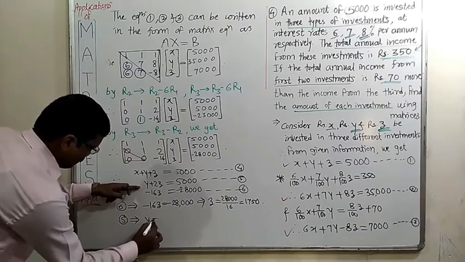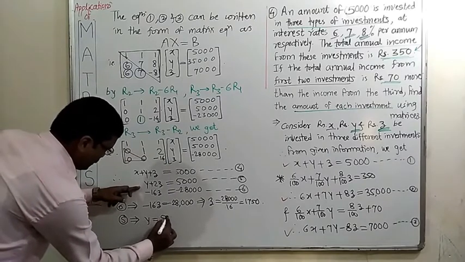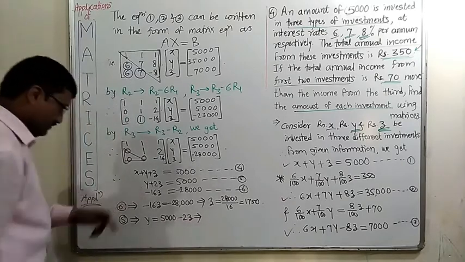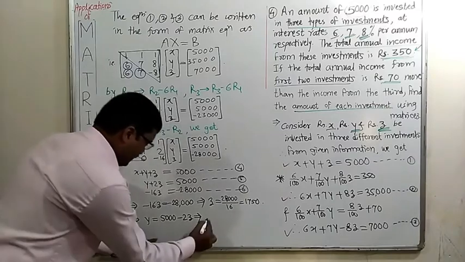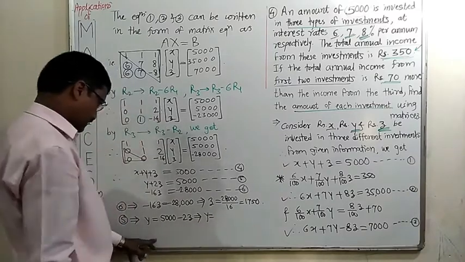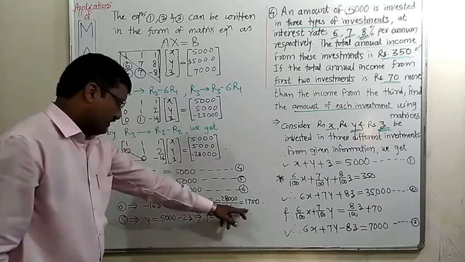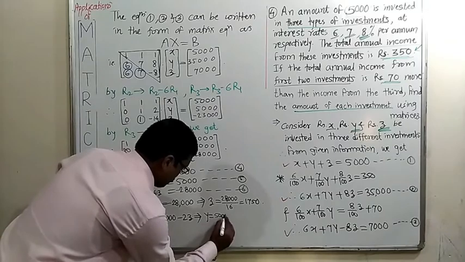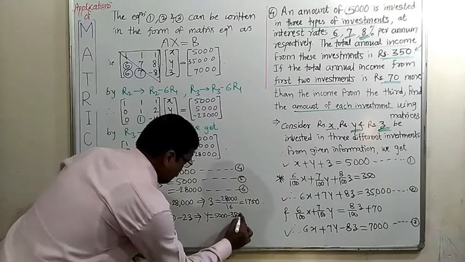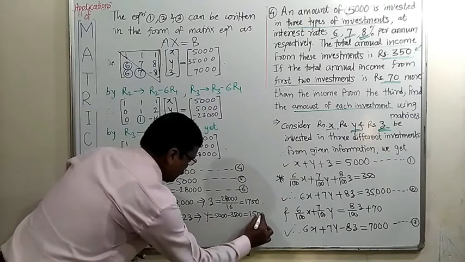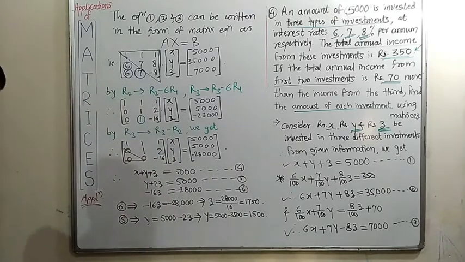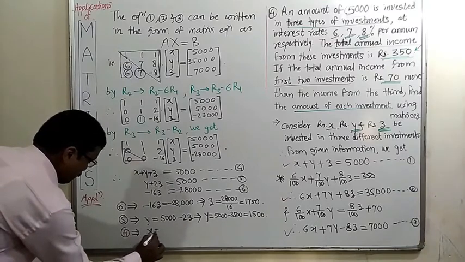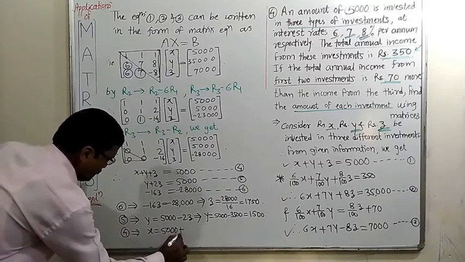So y equal to 5,000 minus 2z. 2z is 3,500. So 5,000 minus 3,500 is equal to 1,500.